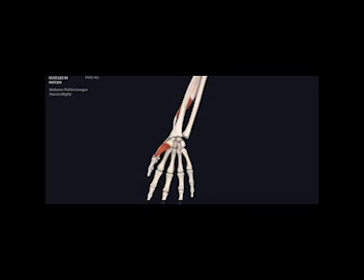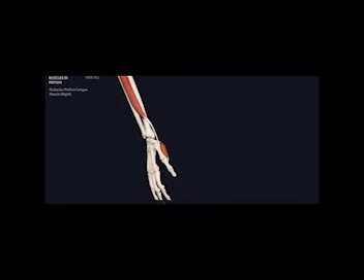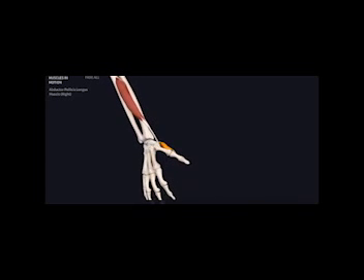The next movement that I want to talk about is abduction. Okay, so abduction, as we mentioned already, happens on the sagittal plane. So it'll look like this, right? If I rotate, looking from the lateral side, it's lifting your thumb up so that it's happening on a sagittal plane. So what muscle would do this movement? The extrinsic muscle we saw earlier is the abductor pollicis longus, which is this bigger muscle located on the forearm.